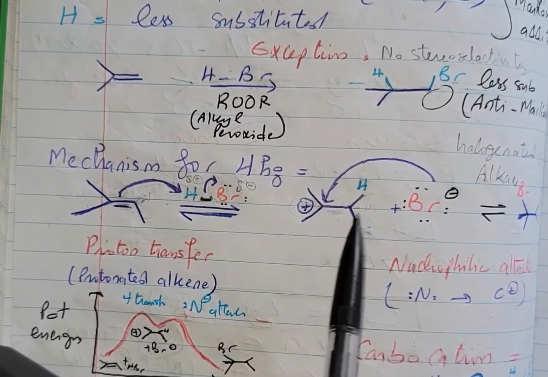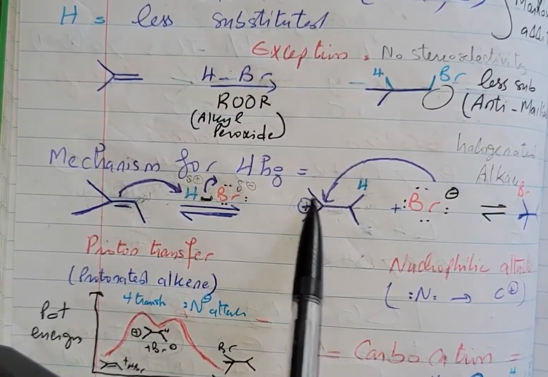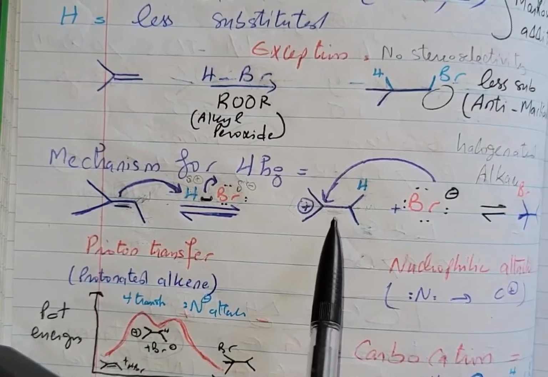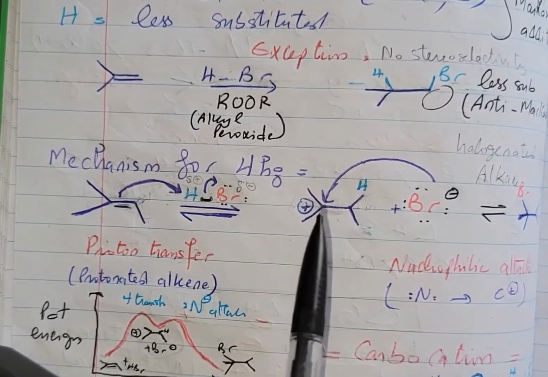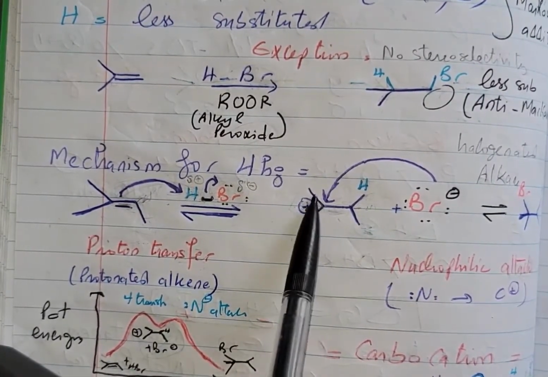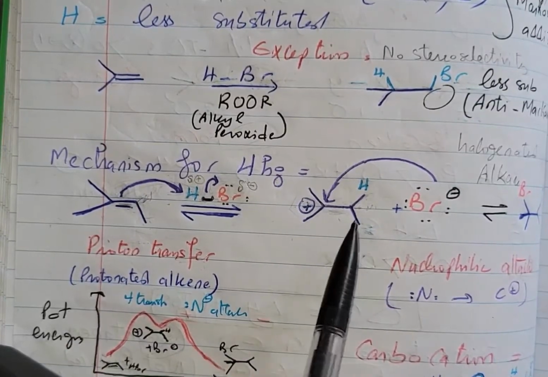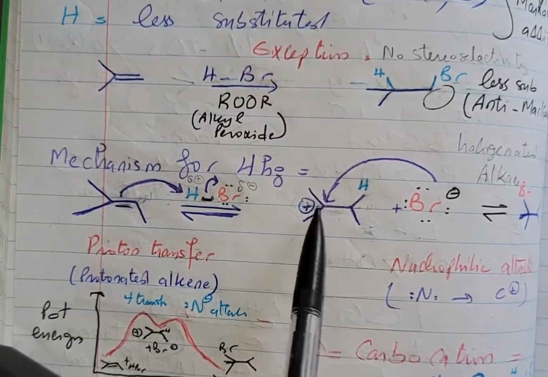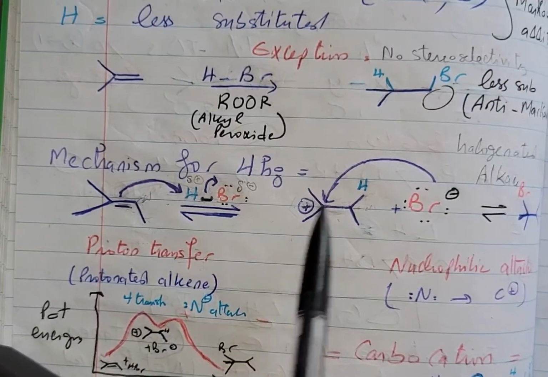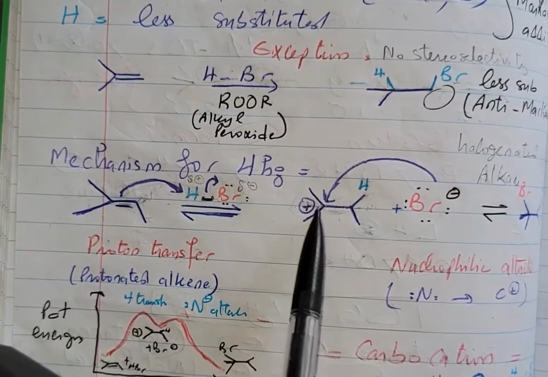And in the second place, we have a carbocation. A carbocation means that we have a carbon with an insufficient number of bonds. Here we have 1, 2, 3, and as we know, the carbon needs 4 bonds. So here it's lacking 1 bond, making it positive.